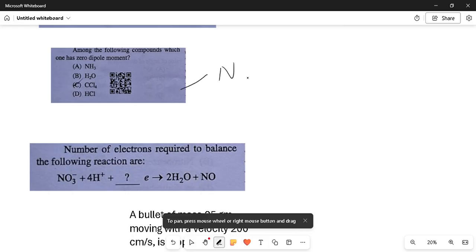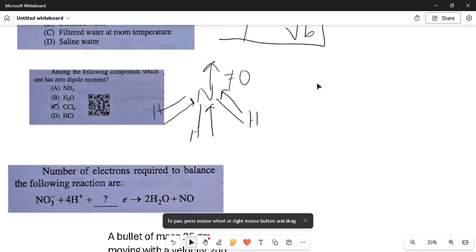This is N, these are H, and N is more electronegative than H, so the bond electrons go in this way, so the net dipole moment is not equal to 0. From the structure you can easily say that. In class 11 I think this type of thing is present.